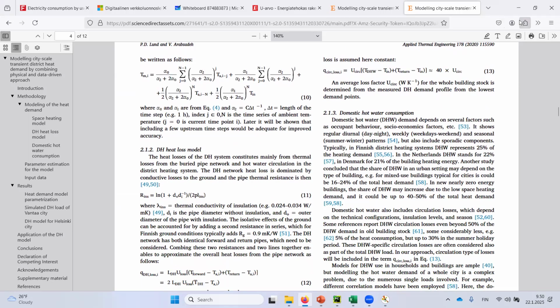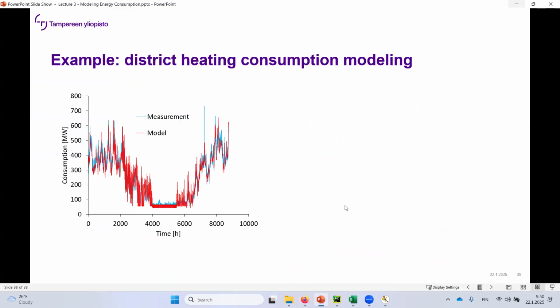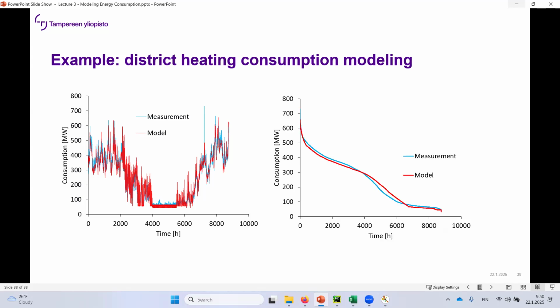And it's basically just numerical modeling. So that's one added layer into this physical model that you can take into account. So it's dynamic in that it takes into account what's been going on before and so forth. So these are the ones that I think we are going to go through in the exercises.